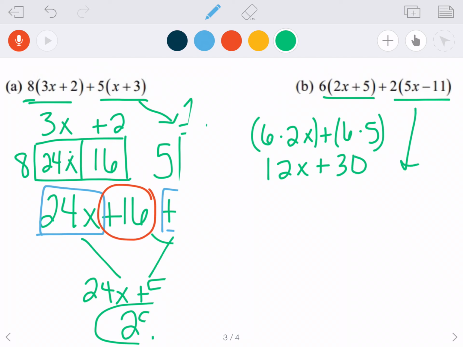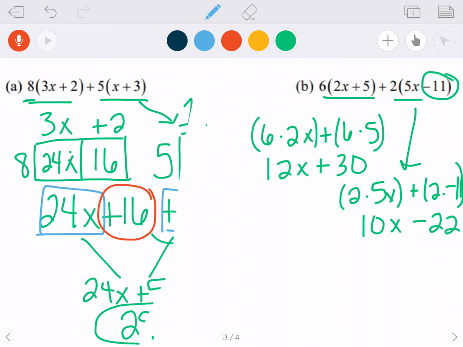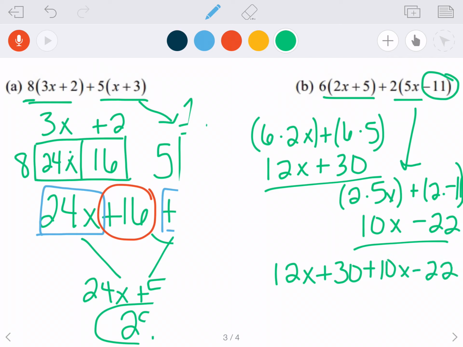And then I'm going to bring this down and I'm going to do 2 times 5x plus 2 times, don't forget that 11 is now a minus 11 or a negative 11. So 2 times 5x is 10x, 2 times negative 11 is negative 22. So I've got these two sets of expressions, 12x plus 30 plus 10x minus 22.